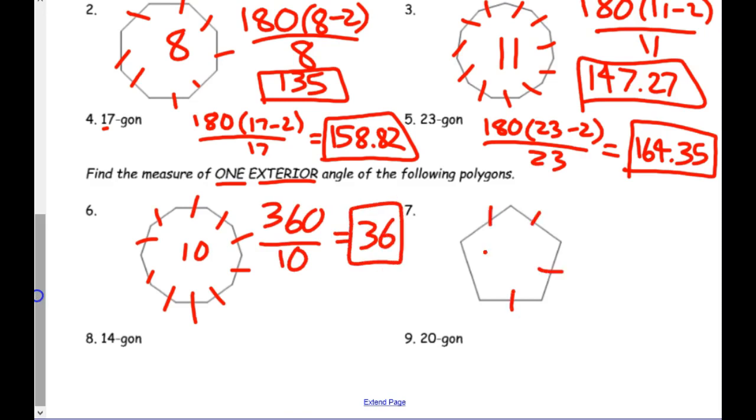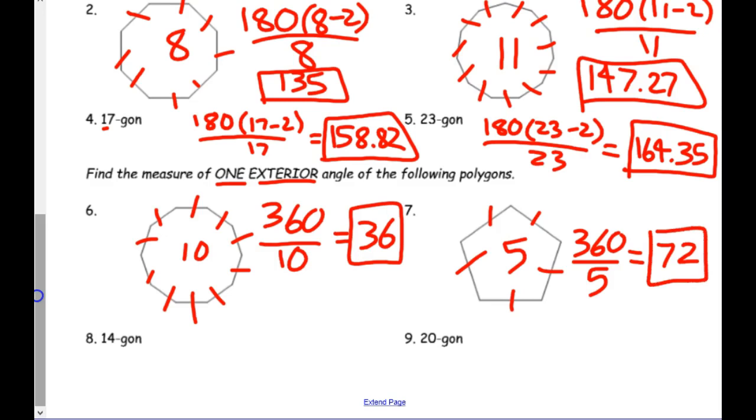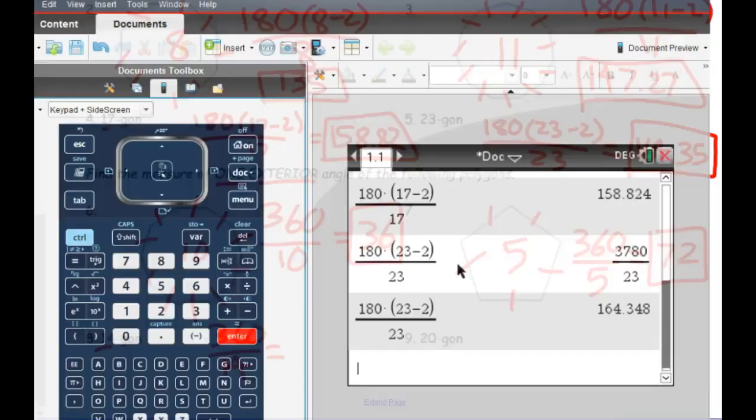2, 3, 4, 5-sided figure. 360 divided by 5 is 72. Alright. A 14-gon has 14 sides, so 360 divided by 14. Might have to use the calculator for that.